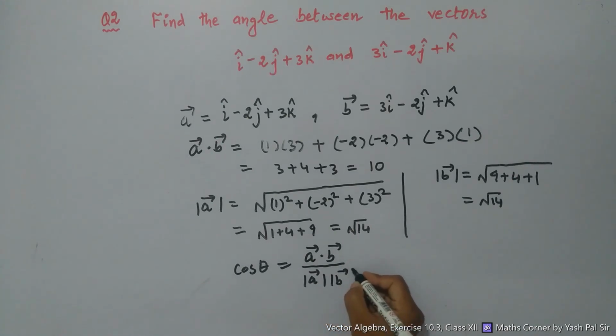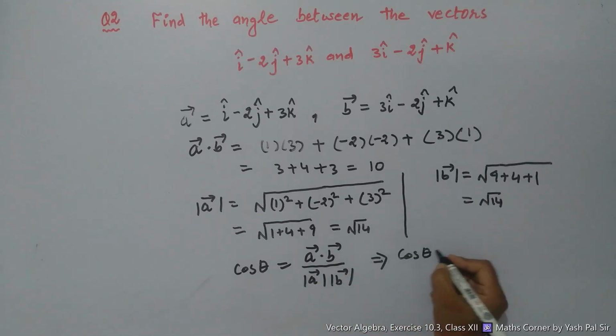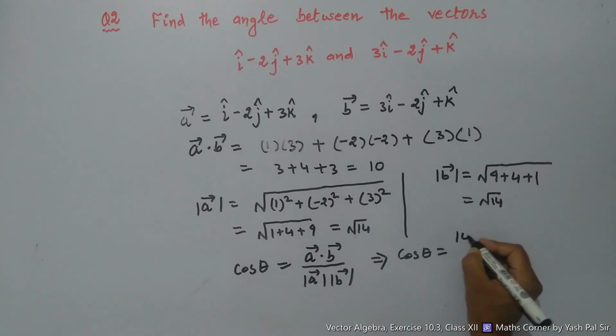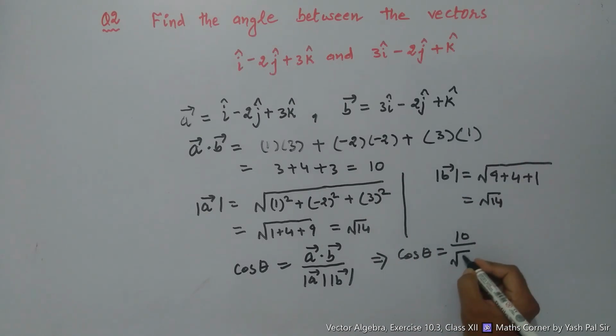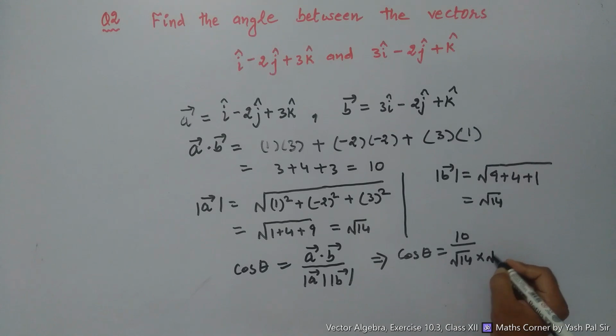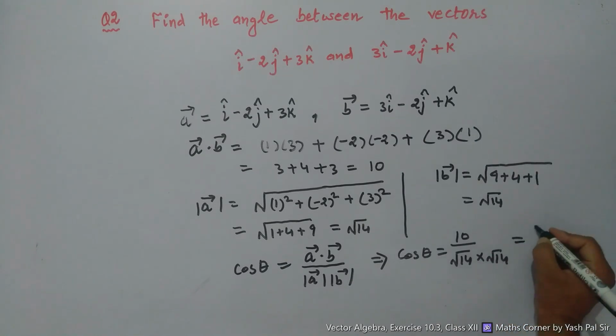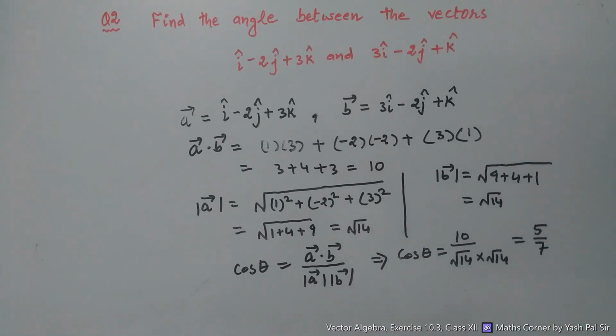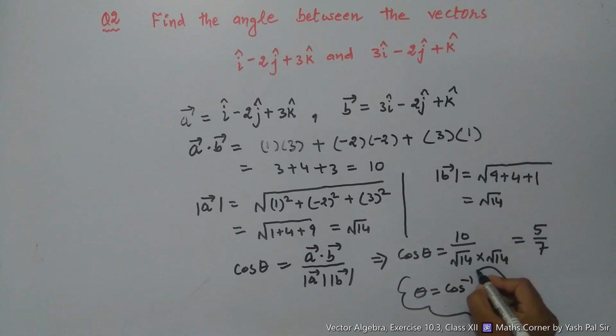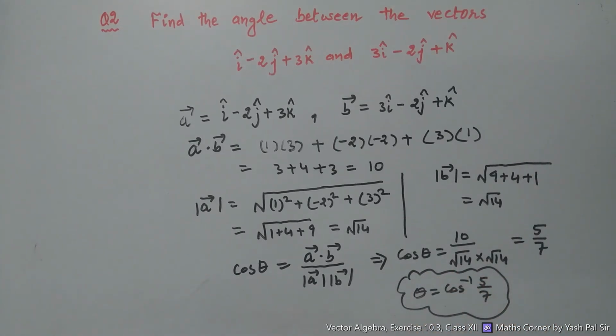So cos theta is equal to 10 divided by square root 14 into square root 14, which becomes 5 upon 7. So theta is equal to cos inverse 5 upon 7. This is the required angle between the two given vectors.